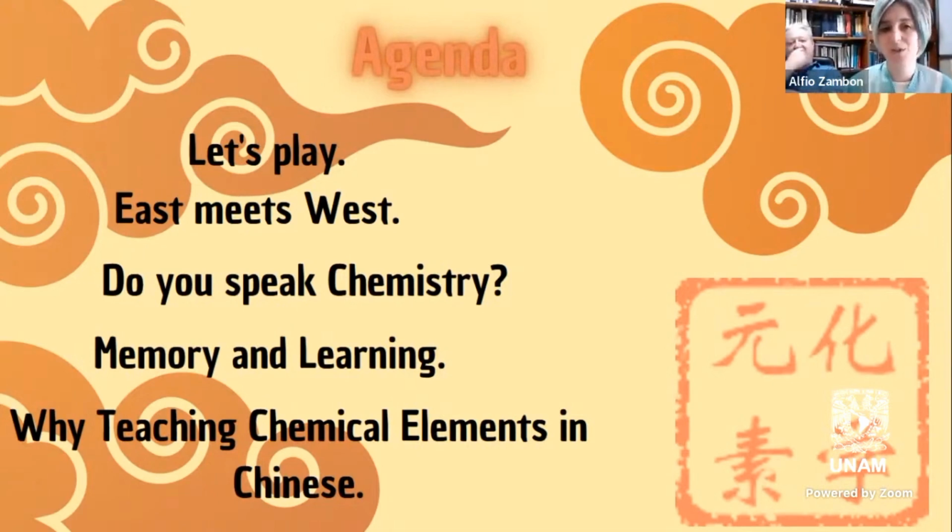Then we're going to compare the writing systems in Chinese and the Western way of naming the elements. We are also going to talk a little about how chemistry is a language and some characteristics that chemistry has as a language.